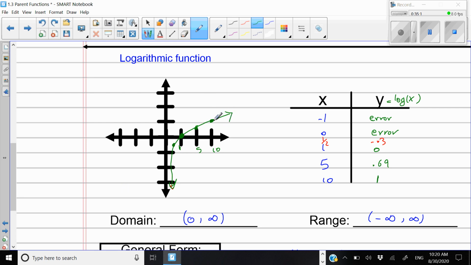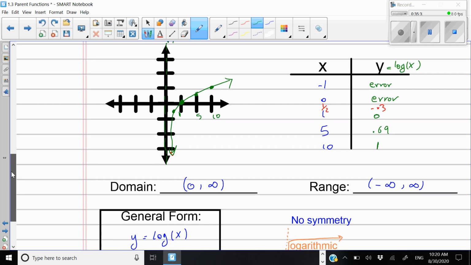From the right side, the graph is going to go to the top and the right, and from the left side, it's going to get closer and closer to 0, and it will never pass this point. Never pass 0. So we have a vertical asymptote at this point, and the vertical asymptote is x equal to 0.